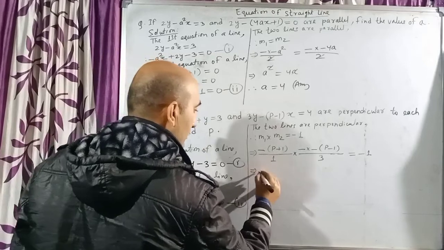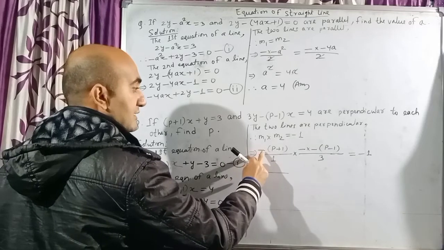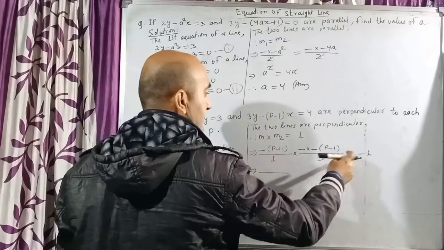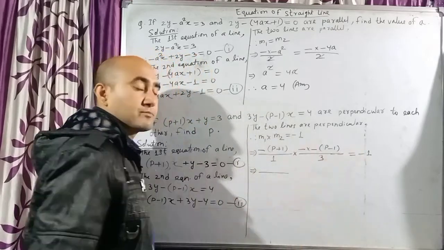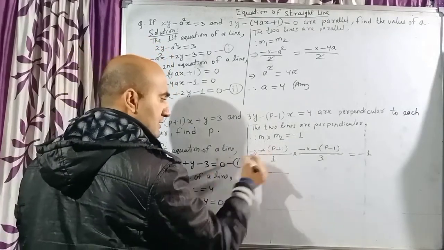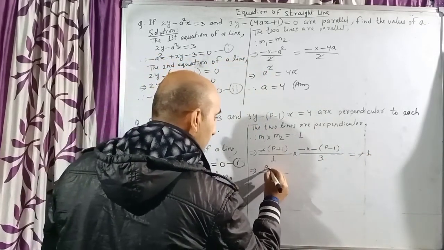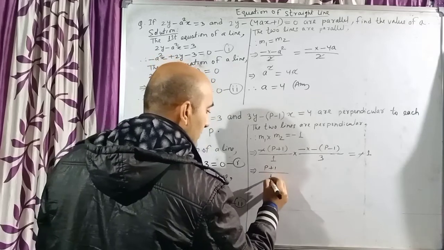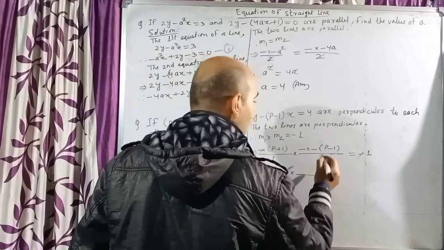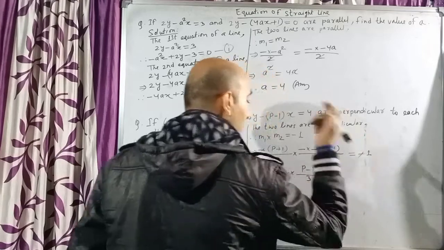Now start the solution. You can cancel this minus with this minus. This minus cancelling with this minus, and what remains here is p plus 1, and below it 1 into, here minus and minus becomes plus, and only p minus 1 by 3 remains, equal to 1, because minus got cancelled.